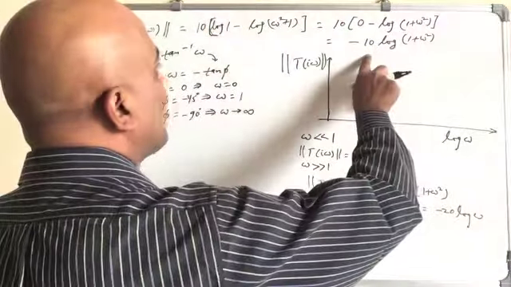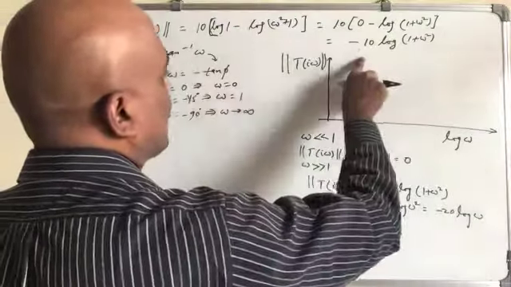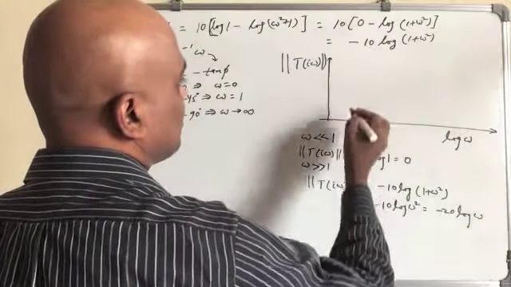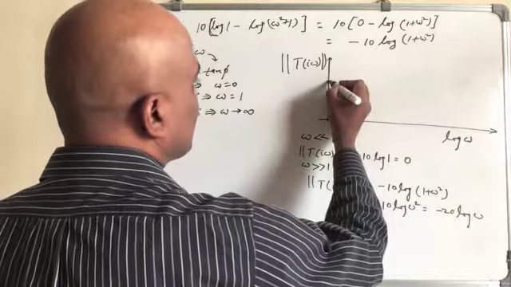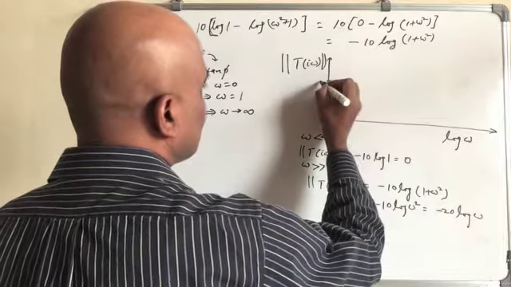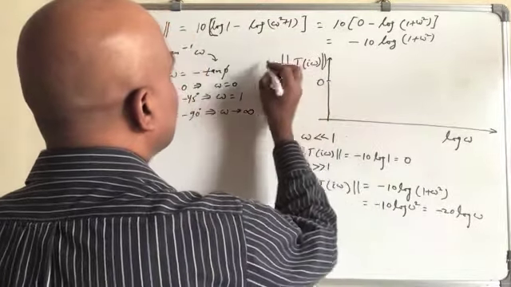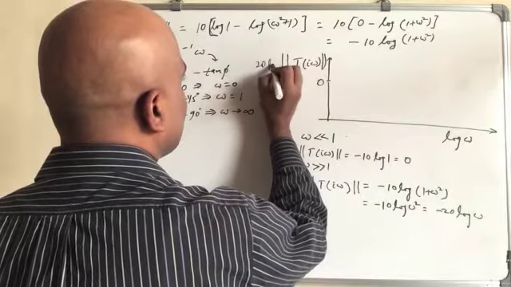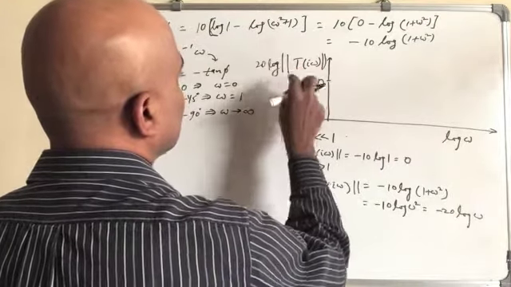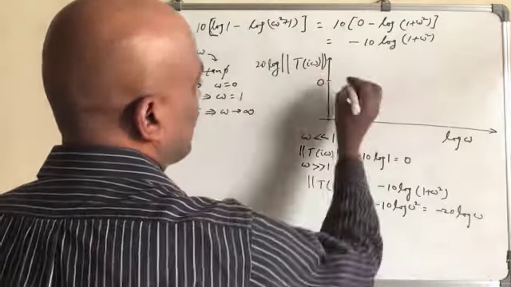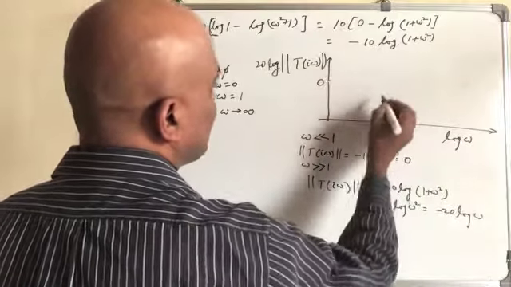So how can you plot? It is going to be 0. So let us say this is 0 point. But we have to write here 20 log of this. It will be 0 till it's 1.